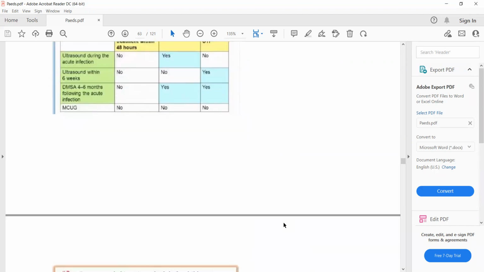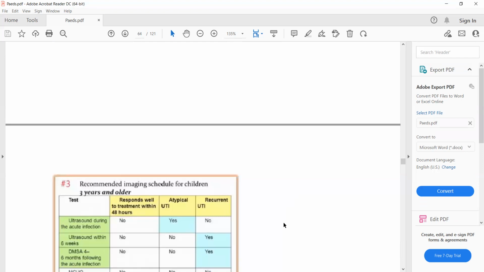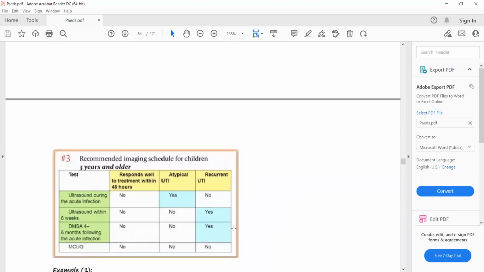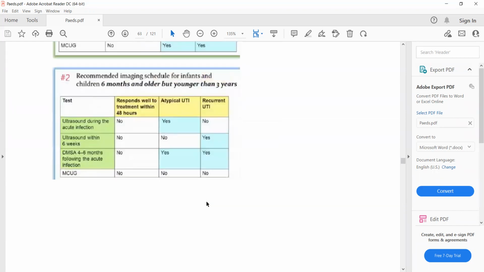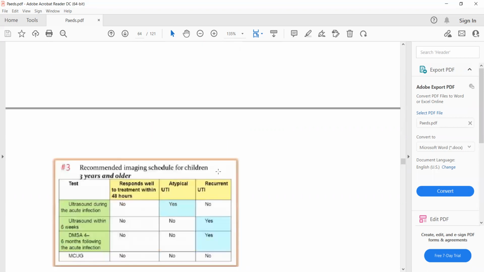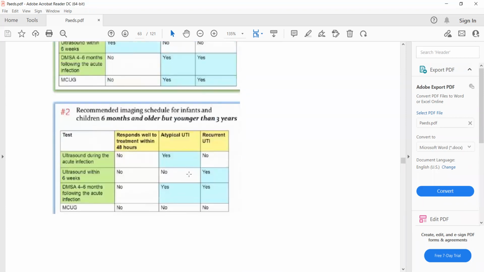Now, for the children who are older than 3 years, for recurrent UTIs, the schedule is the same. That is ultrasound within 6 weeks and DMSA within 4 to 6 months. That is the same for children who are older than 6 months and older than 3 years. While for atypical UTI, the schedule of ultrasound is the same.